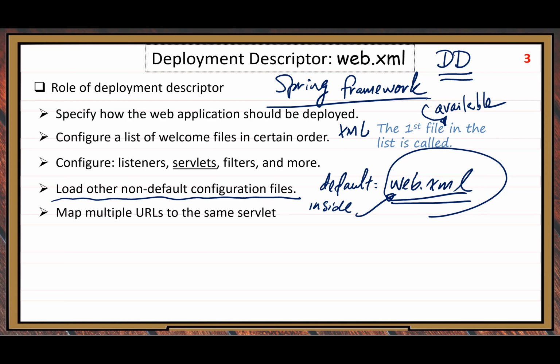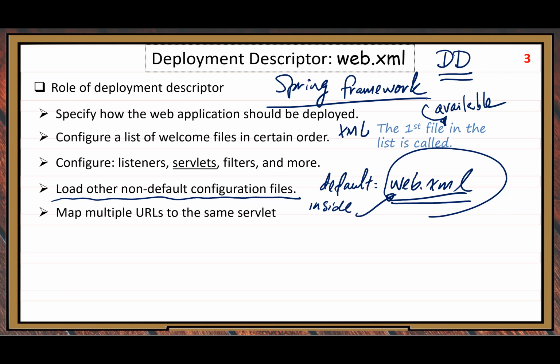Next, map multiple URLs to the same servlet. It is allowed. So this item means we can map multiple URLs to the same servlet. But you may ask this question, why do we need to do this, right? Usually, based on our intuition, it should be one servlet corresponds to one URL pattern, right?